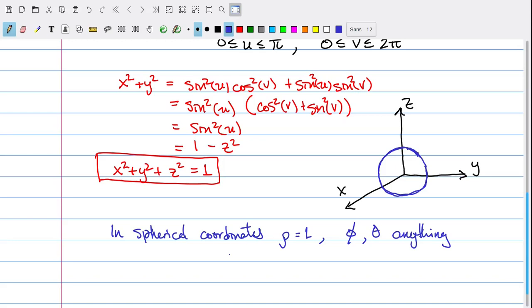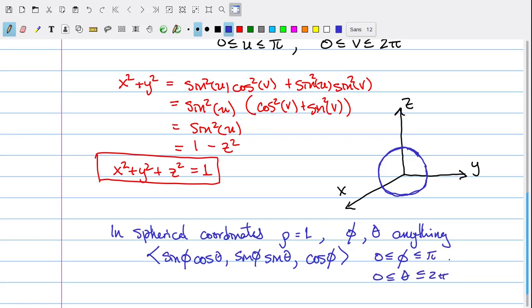So the corresponding points on the sphere are all of the form sine phi cosine theta, sine phi sine theta, cosine phi, as in the spherical coordinates phi ranges between 0 and pi, and theta ranges between 0 and 2 pi. So this is exactly giving me the whole sphere because it's exactly how we describe the sphere in spherical coordinates.